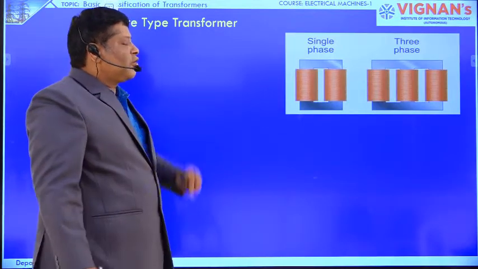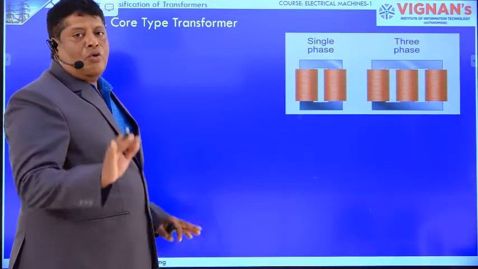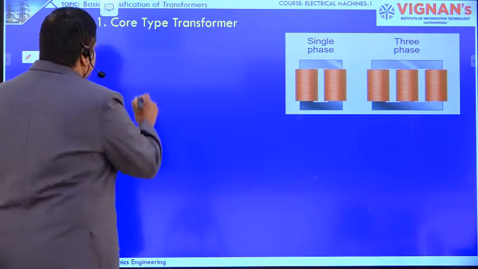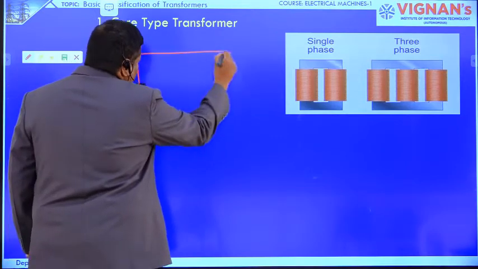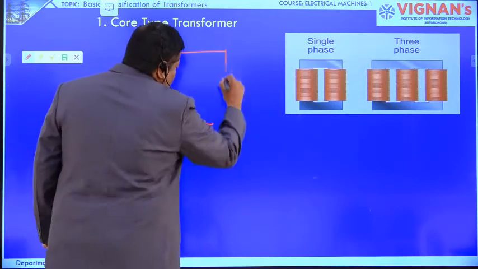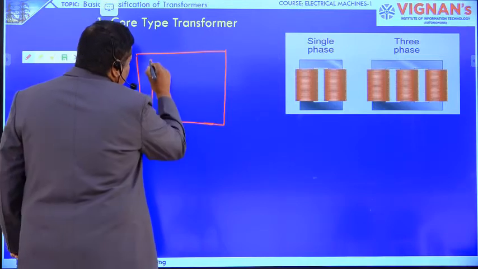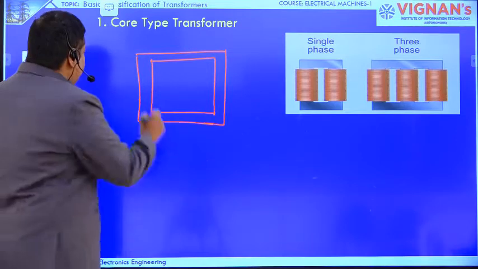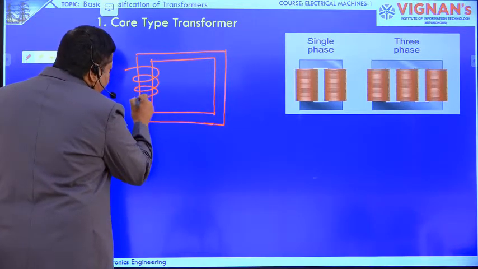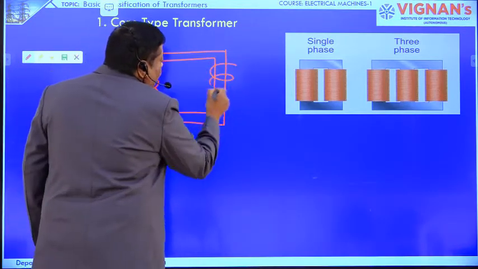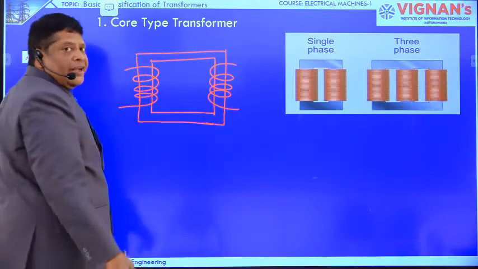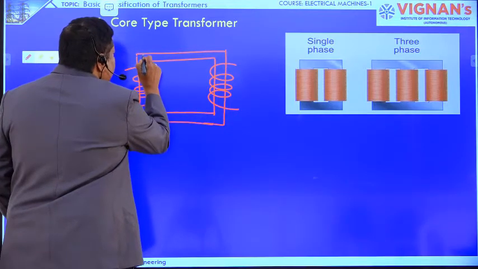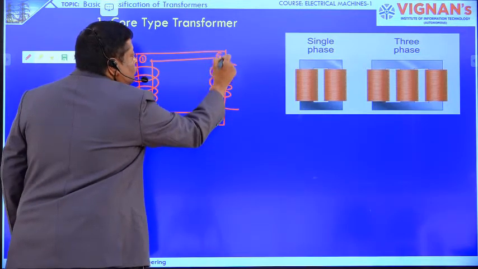If you see this circuit diagram, this is the core type transformer. See here, this is the core. The core of a transformer is a magnetic circuit. On this magnetic circuit, we keep one winding here and one more winding here. These two are the limbs. This is limb 1, this is limb 2.